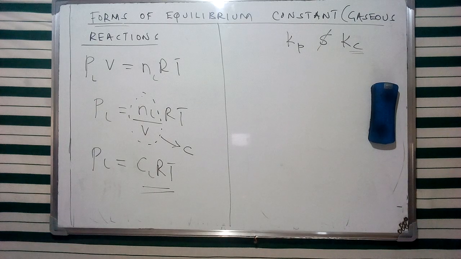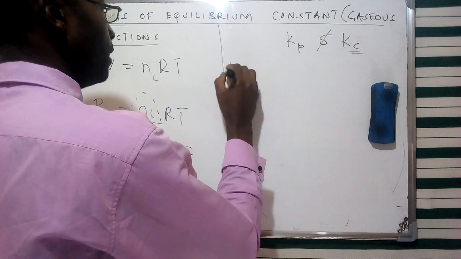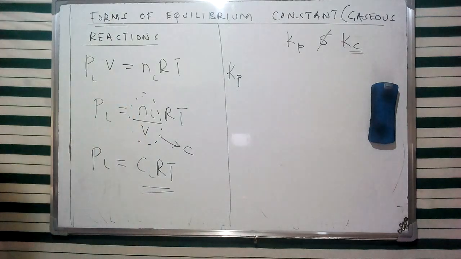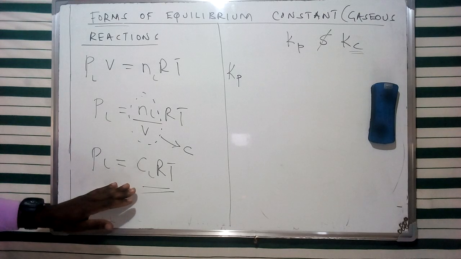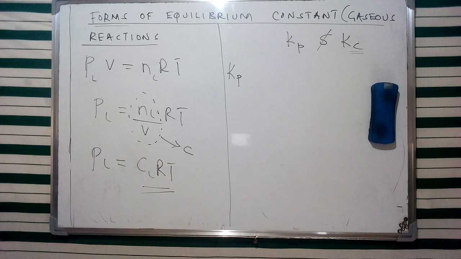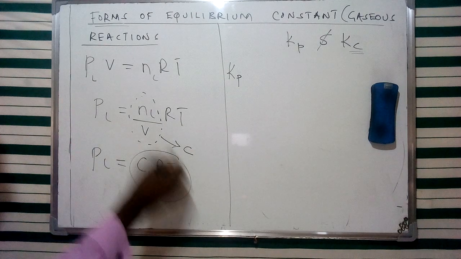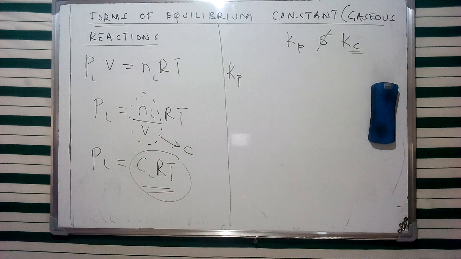Therefore, we can derive this value for Kp, doing a substitution for the partial pressure using the right side of the equation that I've given for concentration.